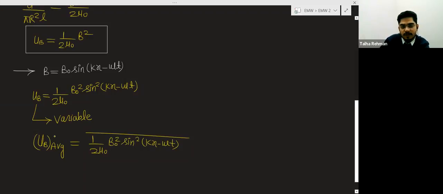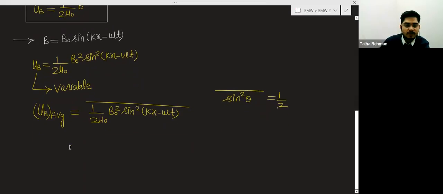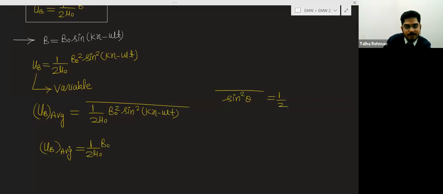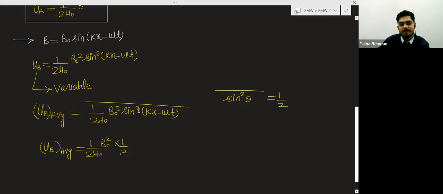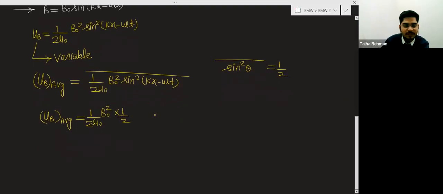Remember, average value of sine square of any theta is equal to half for a full cycle. So here you will get u B average is equal to half of 1 over mu naught, and B naught is constant. So average of a constant will be constant, and the average of sine square kx minus omega t will be half.